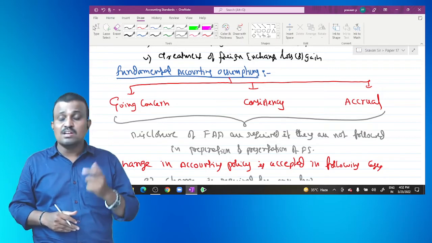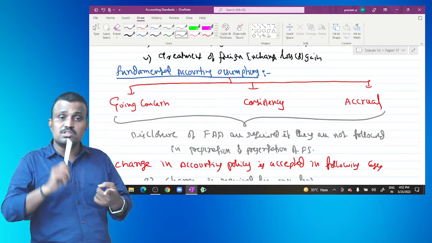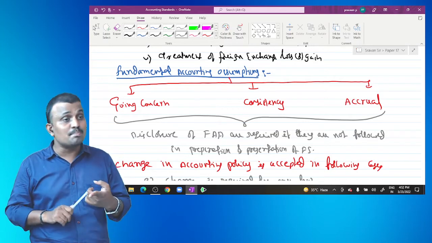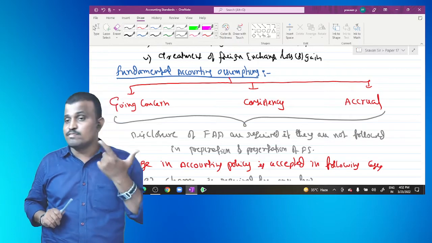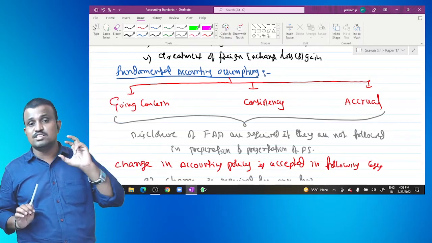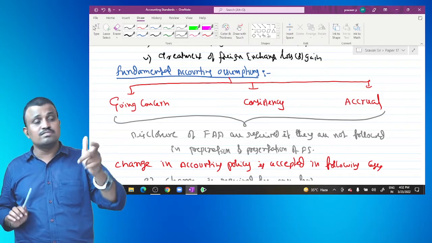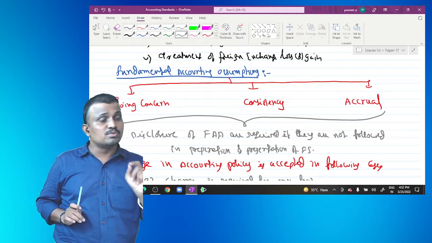So how are they disclosed? We have to give the disclosure relating to how that change has an impact on the current year profit or current year loss. We have to quantify the change. We have to give the effect of the change on the financial result and on the financial position.